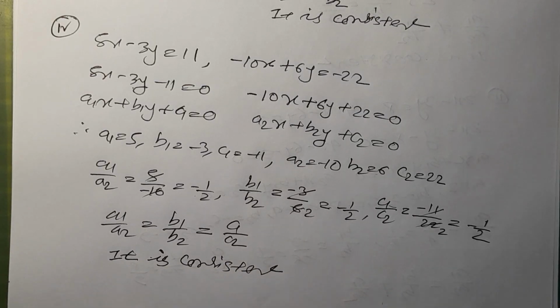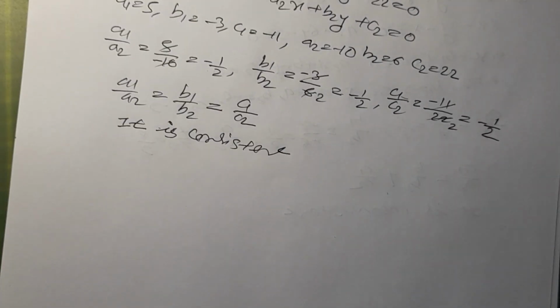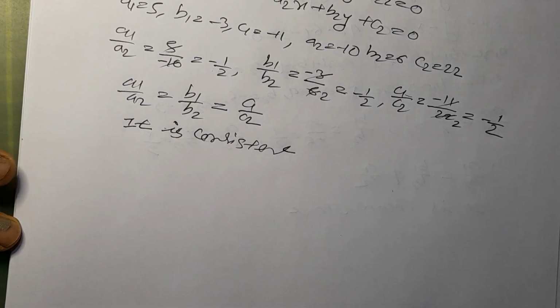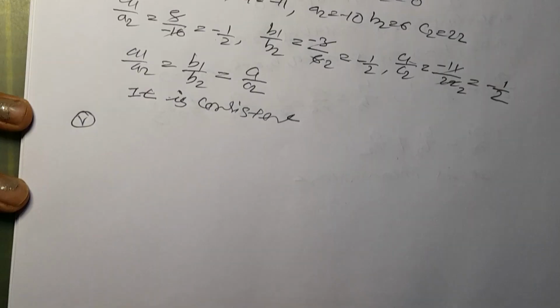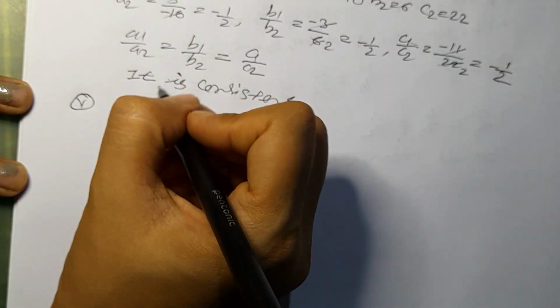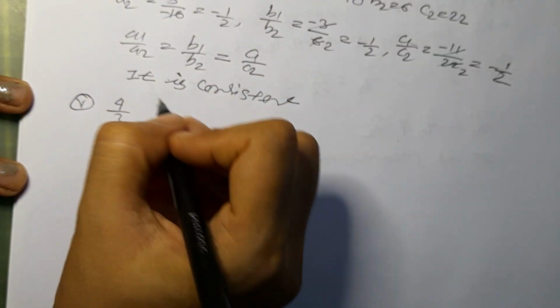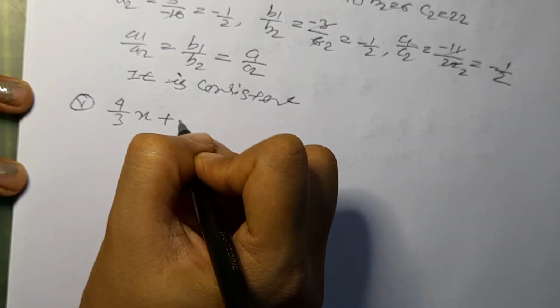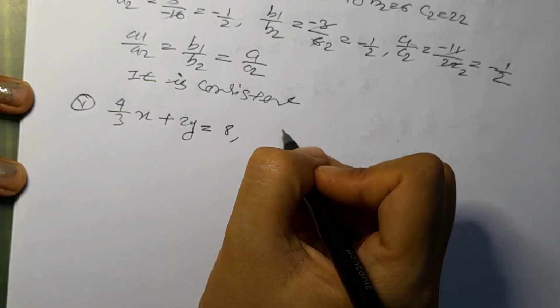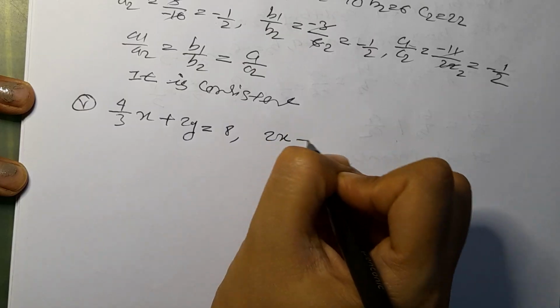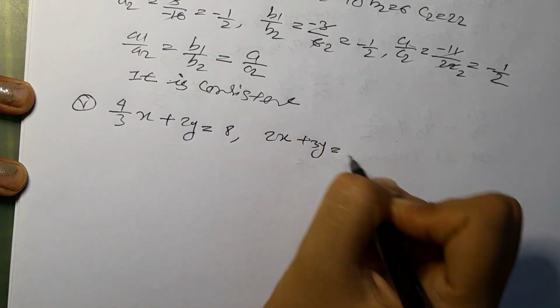Now for the last of this question, that is Roman number 5. Let's see, I think it's sufficient. 4 by 3 x plus, okay, I'll show you in another method. You can solve it by the previous one, or you can use this method for solving the fraction.